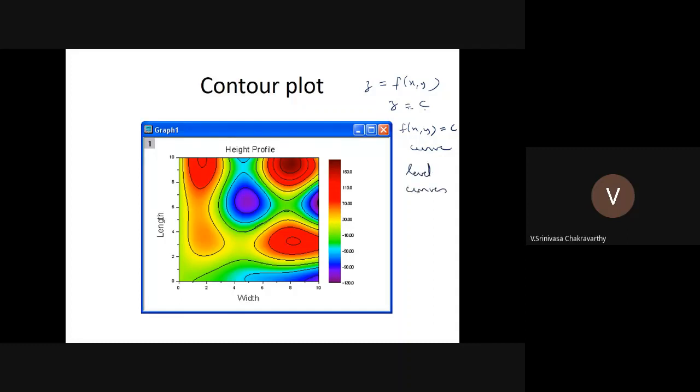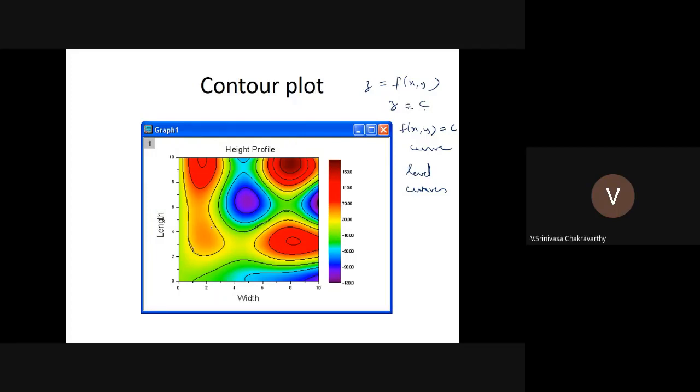We have talked about this in the context of the method of Lagrange multipliers. If you take this surface f of x comma y and make it equal to c, then it's like cutting the surface using a horizontal plane, and that section gives you a curve, sometimes a closed curve, sometimes an open curve. Now, this curve tells you where the function has the same value.